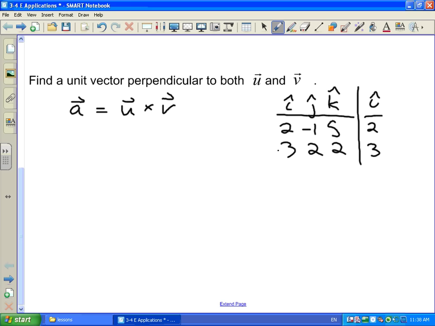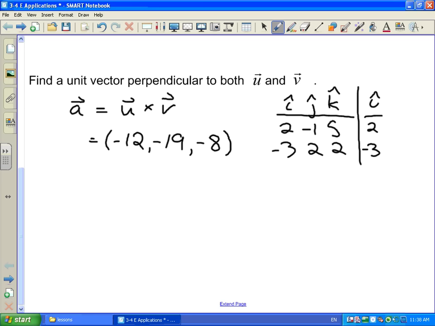Oh, thank you. Yeah, -3 there and -3 there. Okay. So if I do this cross product, I end up with -12, -19, and -8.